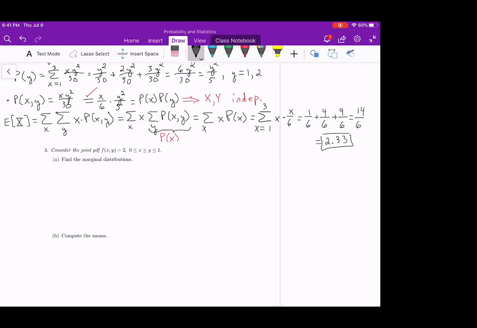Wait, so P of x comma y in this case is P of x? The sum of P of x, y across all y values is P of x. So when you sum out one of the variables, you're left with the other one.